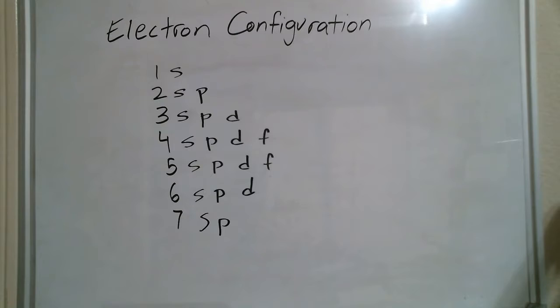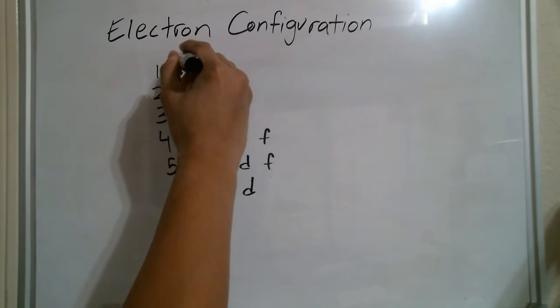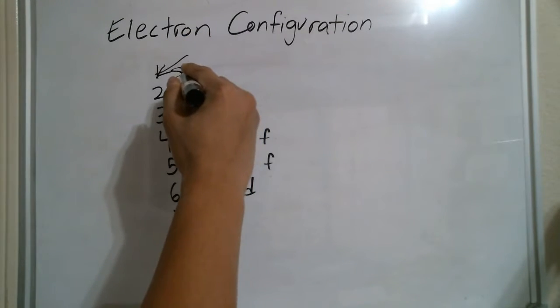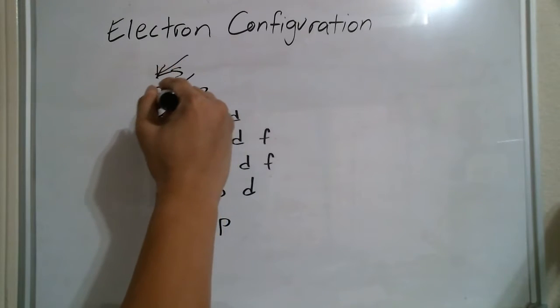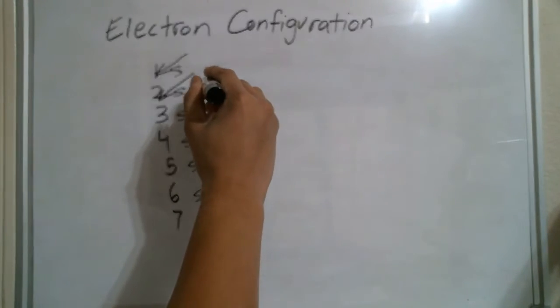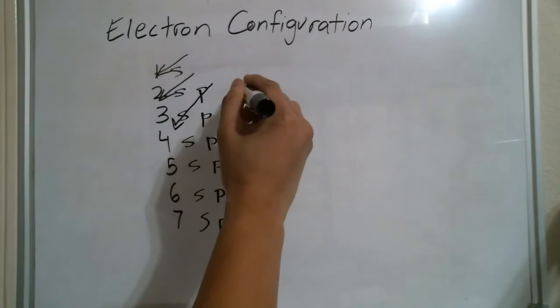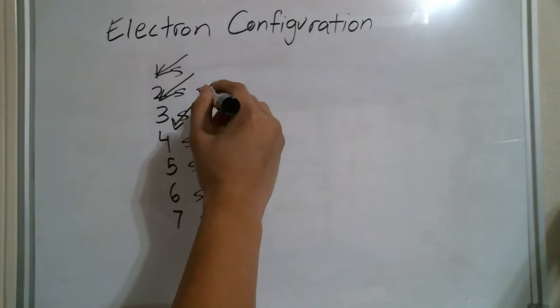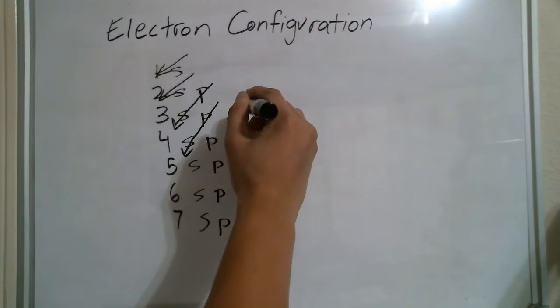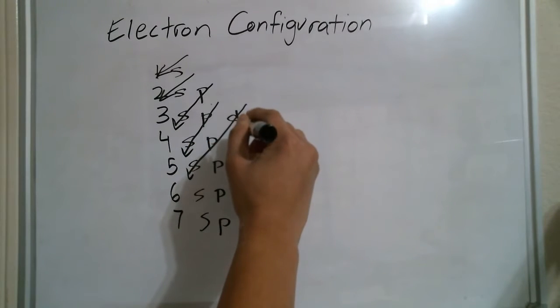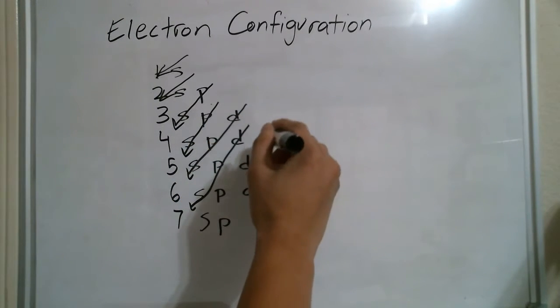What you want to do is draw arrows. Draw an arrow like that, and like that, and like that, and then like that, and then like that. It should all line up like that.